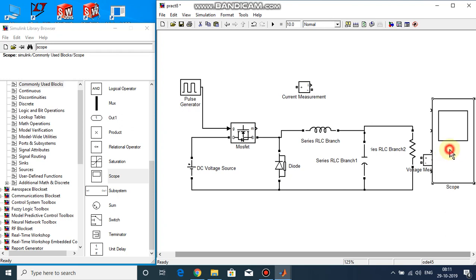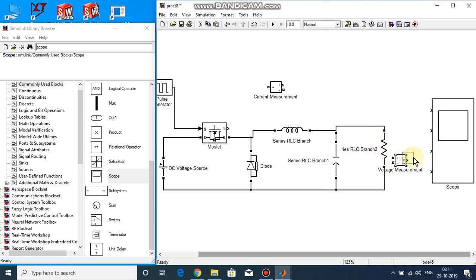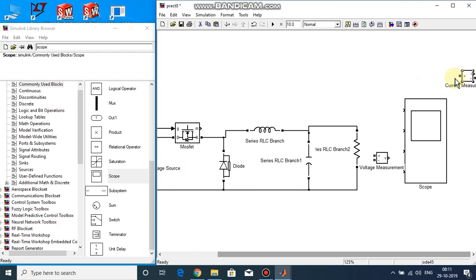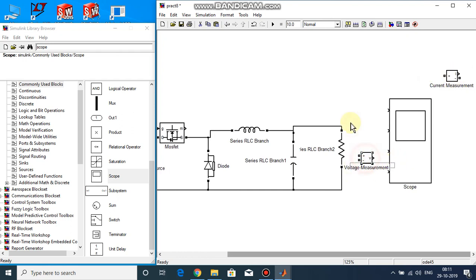Our first job is to calculate the output voltage across the load that we are handling. I want to increase the screen size. So we have our trusty old voltage measurement block.